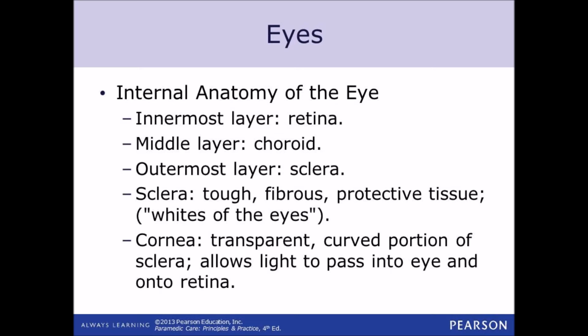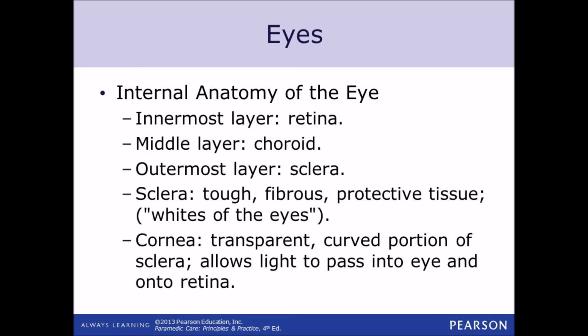When we're looking at the layers, there's three layers, and we always talk about layers anytime we're dealing with any type of anatomy. Our innermost layer is going to be our retina. Our middle layer is the choroid, and the outer layer is called the sclera. And that sclera is basically what we call the whites of the eyes.